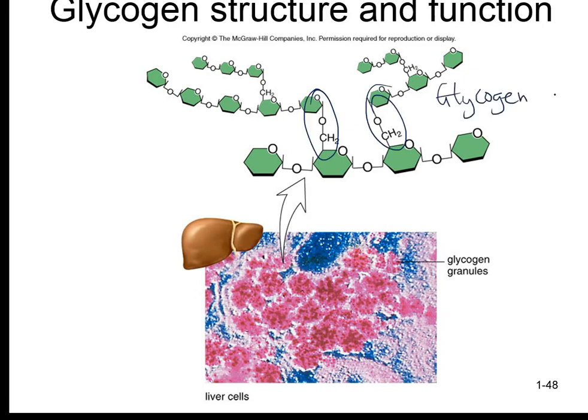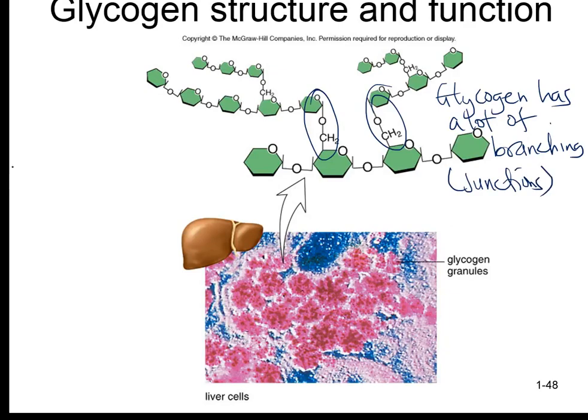Glycogen has a lot of branching. It has junctions. While starch is just a straight line. So starch lacks branching.